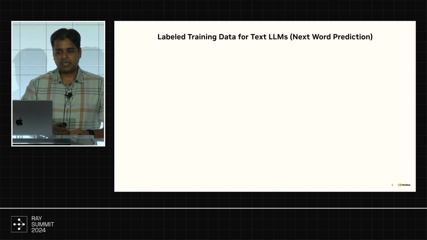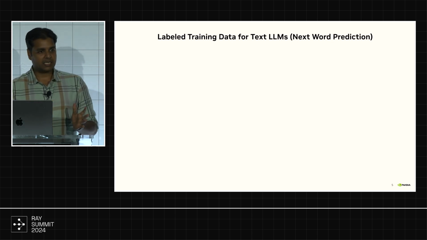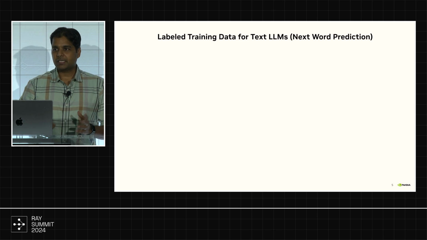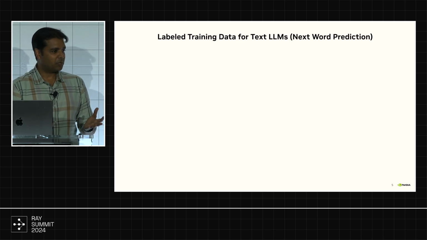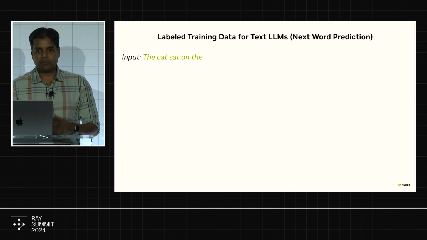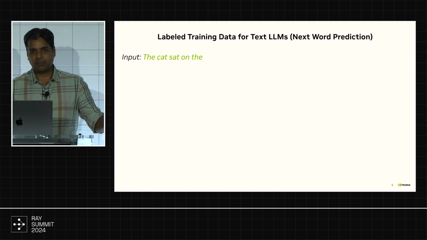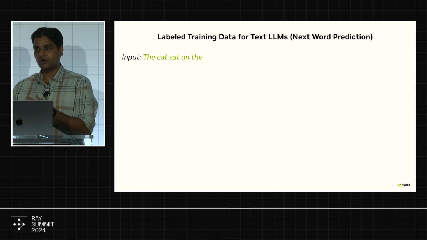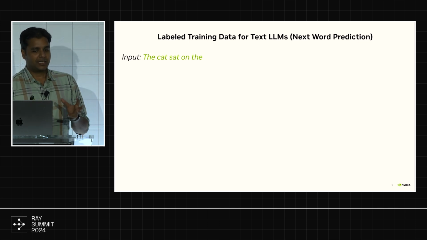So what do I mean by labeling training data? Let's start with an example of what text LLMs do. Most of the text LLMs are next word predictors. If we want to take training data and feed it into a training model, typically we give them inputs and then sampled outputs, and the model learns from that. So let's say I'm reading a Wikipedia article and it says "the cat sat on the", the LLM is going to produce the next word, and creating label training data from that is pretty straightforward.